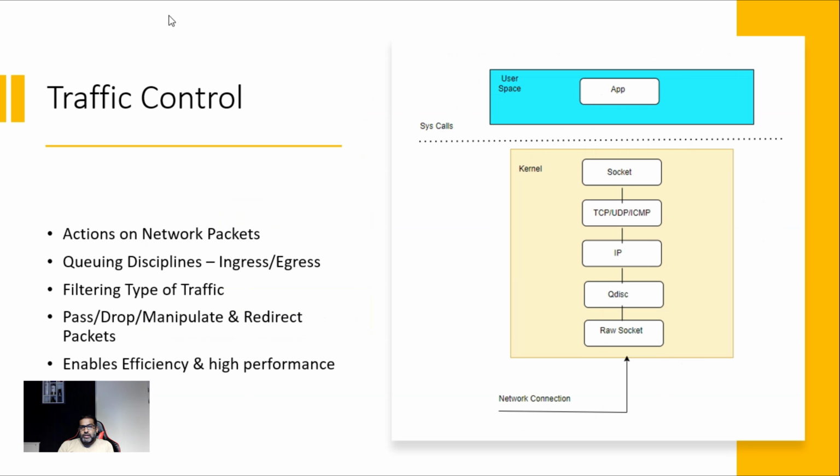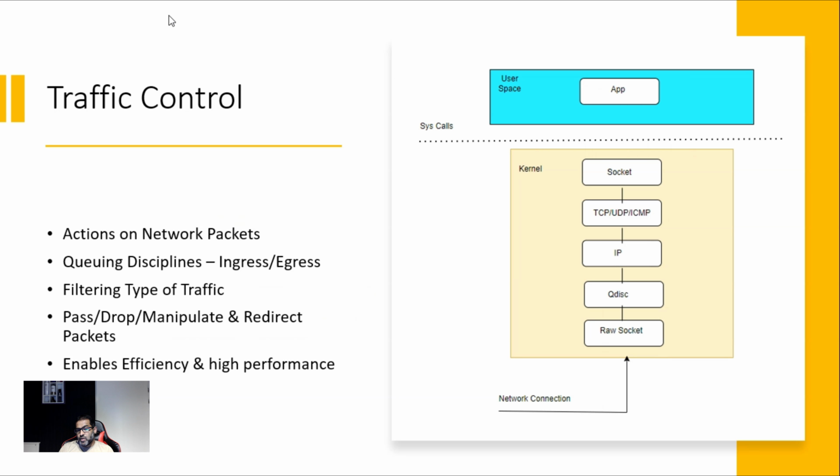So what more can you do with eBPF? First, you can take action on the network packets. For example, a network connection comes in, first into the raw socket, and then you can apply queue disciplines for egress and ingress traffic. For example, you can set up first in first out, set the priority, and manipulate all these things with the queuing disciplines.